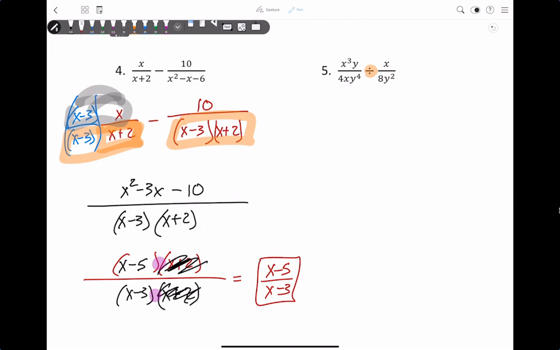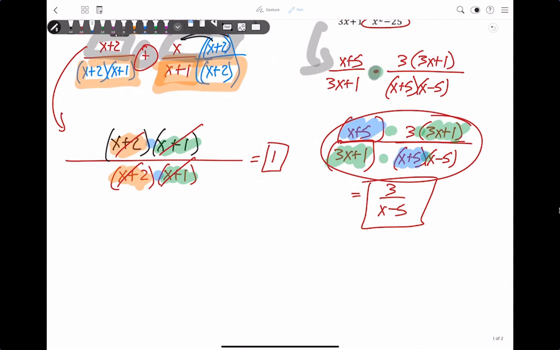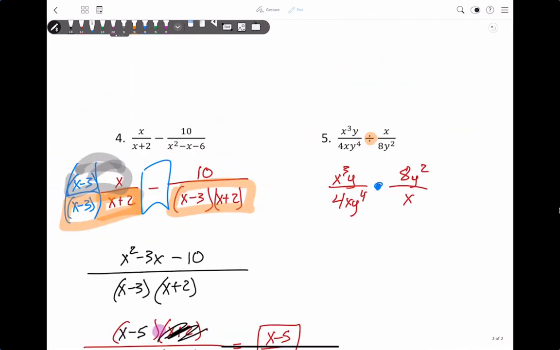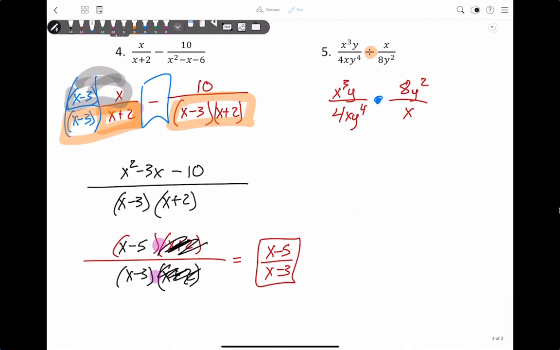Okay, our last problem. We're dividing by a fraction, which is the same as multiplying by its reciprocal. So we're going to say x cubed y over 4xy to the 4th is going to be multiplied by the flip, 2y squared over x. Now, again, this, like number 3, because this is all one term glued together with multiplication, different than number 4 and number 2 back here with these addition and subtraction pieces, I can write this as one huge fraction that's glued together.